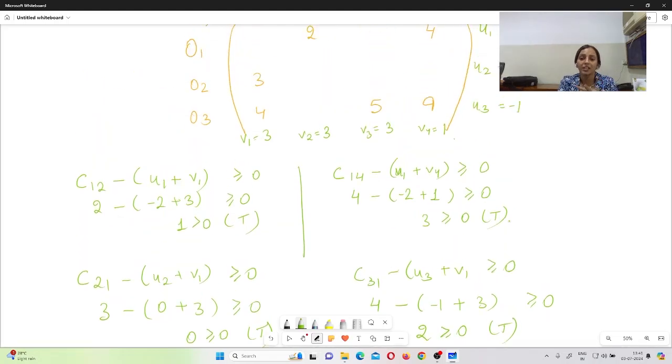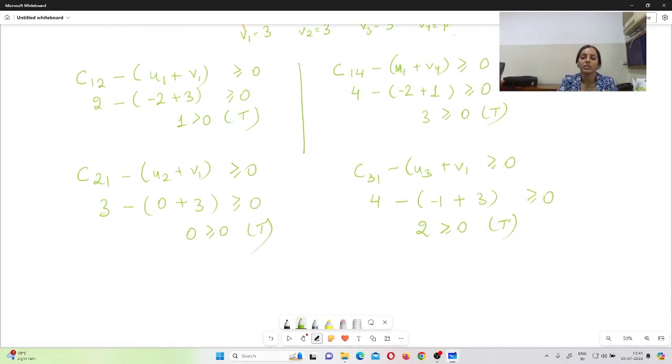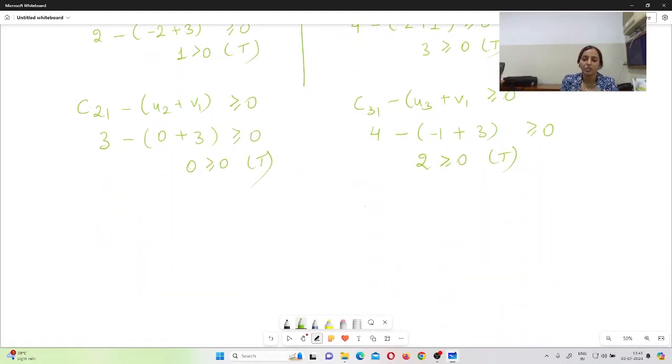Now we're coming up to the next one, that is C33. And the second last is what is done? C33, that is 5. Okay, so we have to start with C33. Check it. C33 minus U3 plus V3 should be greater than equal to 0. Now again, putting all the values of C33 as we have just checked. C33 value is 5. 5 minus U3 value, that is minus 1, plus V3 value, that is 3. So putting all the figures, is it greater than 0?